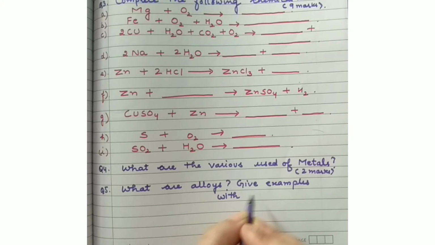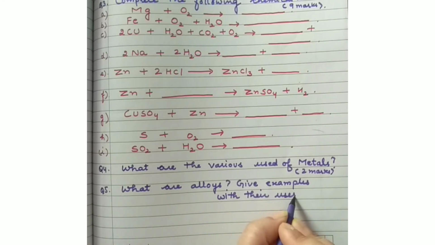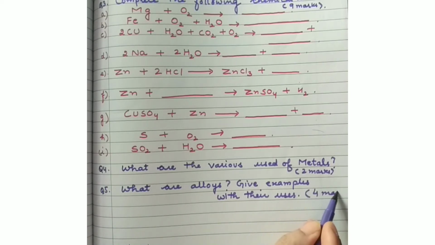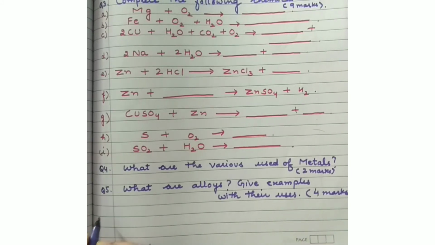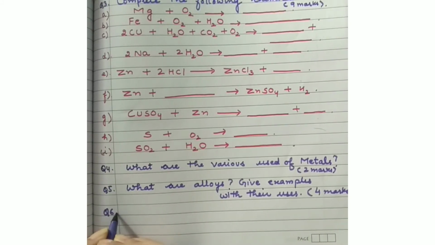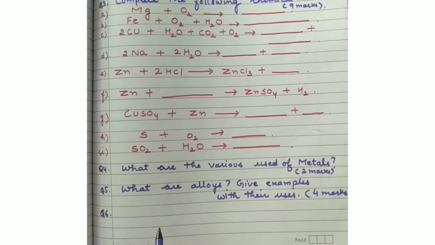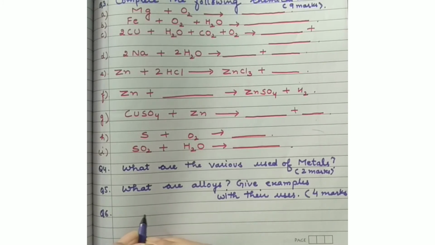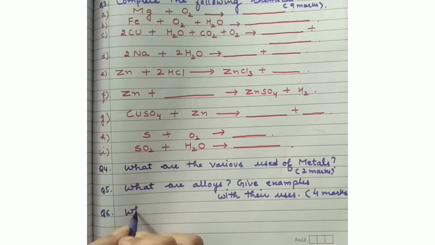Okay, so your 5th question is, what are alloys? Give examples with their uses. This question is of 4 marks. What are alloys? This part is of 2 marks. And give examples with their uses. This part is also of 2 marks. Total marks are 4.